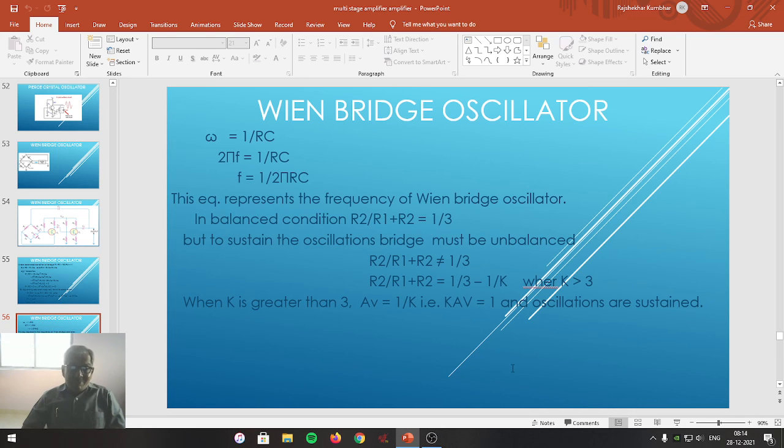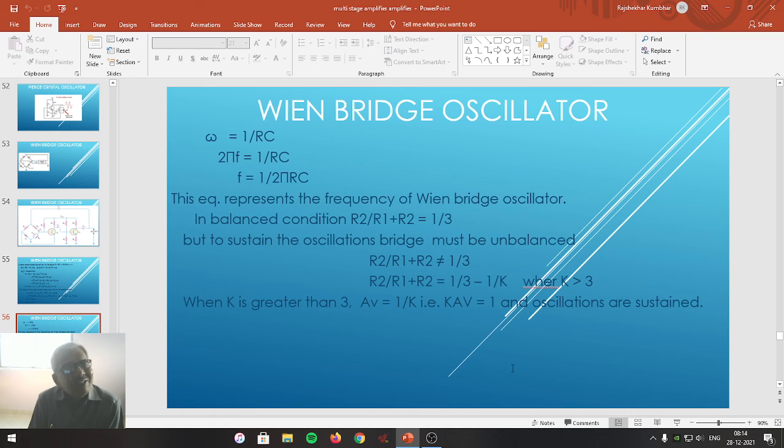As long as bridge is balanced, no oscillations are produced. And to unbalance that, the gain of Wien-Bridge oscillator circuitry should be less than 1 by 3. And formula for frequency of oscillation is f is equal to 1 upon twice pi R into C.